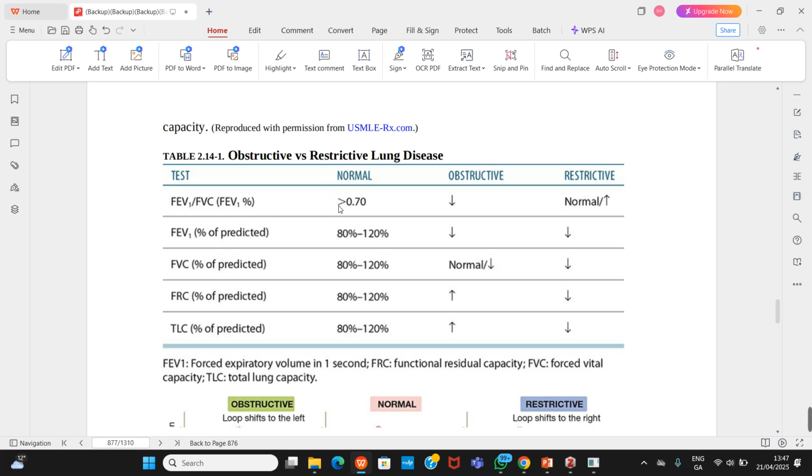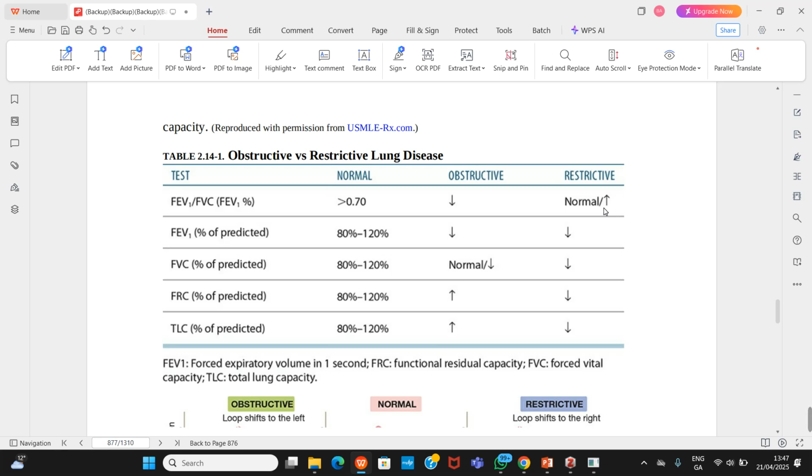That's a normal person. A normal person will always have a value of the FEV1 over the FVC to be more than 0.7 or more than 70%. But in an obstructive condition, it's lower than 70. While in a restrictive condition, it is normal or higher than 70. So we are going to get to that. Let's just hold on to that.